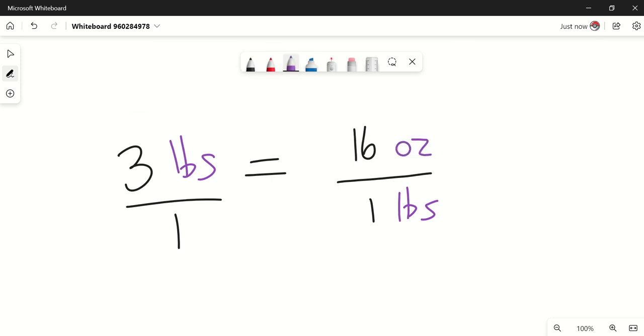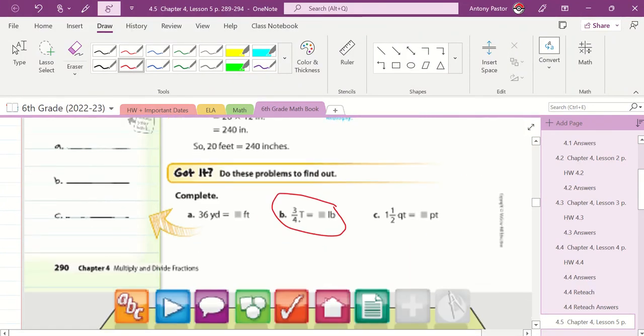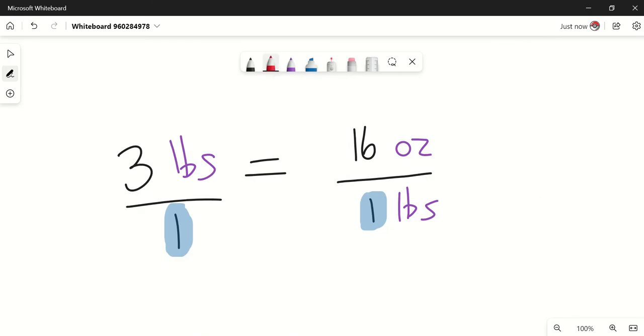This is how I started off. Notice that when I'm converting a bigger unit of measurement to a smaller unit of measurement, I'm going to have the 1 here. Now, I'm not always going to have the 1 here unless it's a whole number. Remember, in the example we used earlier, we had 3/4 of a ton. A ton's definitely bigger than a pound, but I didn't have a 1 here because this was a fraction. So it's not always guaranteed to have a 1 on this side, but it will have the 1 in the unit rate.